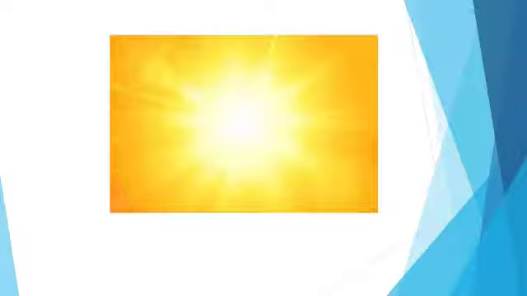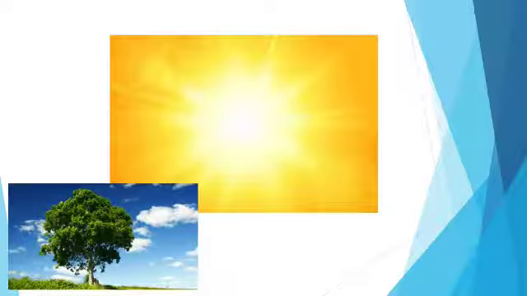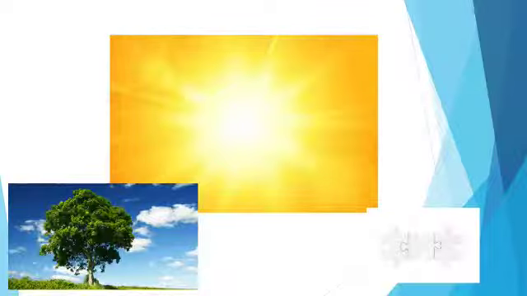Without it, nothing would be able to survive. As a result, living things have developed special ways to get the energy from the sun. They also developed special relationships and interactions that allow energy to be transferred.